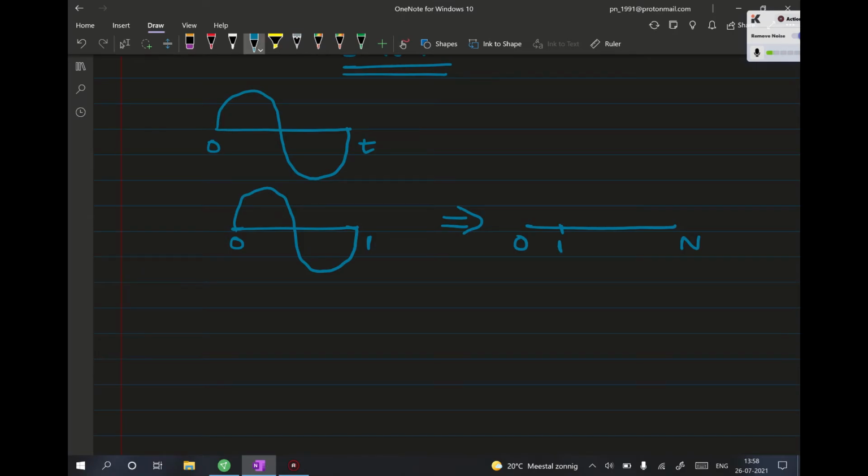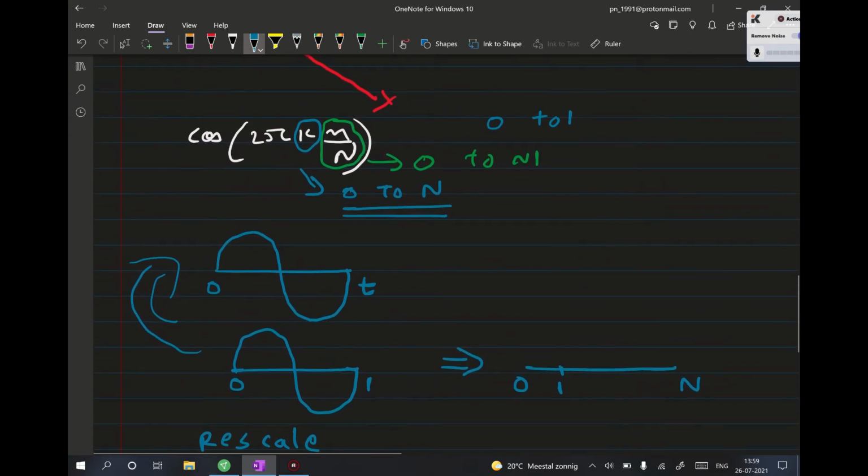So once we have this 0 to t, we need to rescale the transformed data to our original data, only the independent variable. The way we do it is quite straightforward. We know that instead of 0 to 1, we want 0 to t as our independent variable. So this n by n, we will multiply by t. So it would go from 0 to t, right? Instead of 0 to 1.